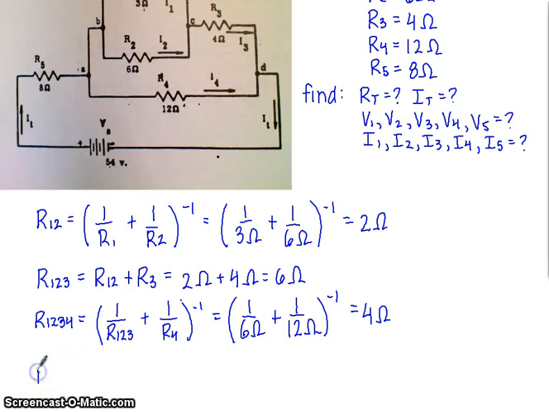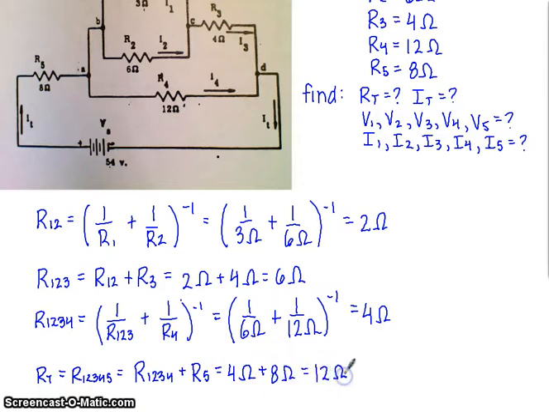And finally, our total would be the combination of 1, 2, 3, 4, and 5, and R1234 is in series with R5, so we would add those values together. So the total resistance of this circuit is 12 ohms, which means 12 ohms resistance will determine the total current within this circuit.